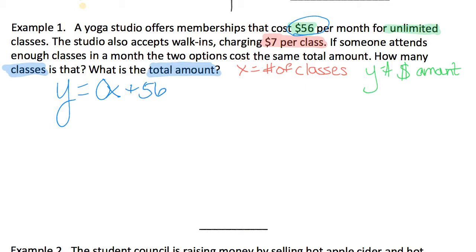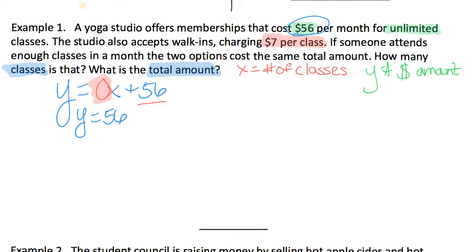So y equals 56, because the slope is 0 on unlimited classes. It's unlimited, so there is no way we can say it's this many classes. We're not being charged per class, but we're being charged in general for the membership.